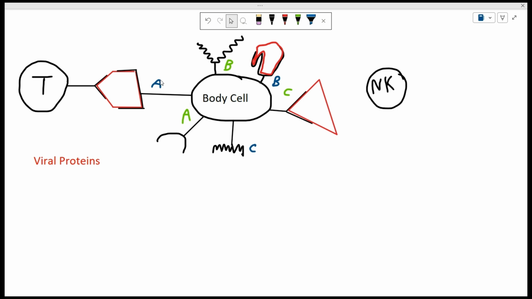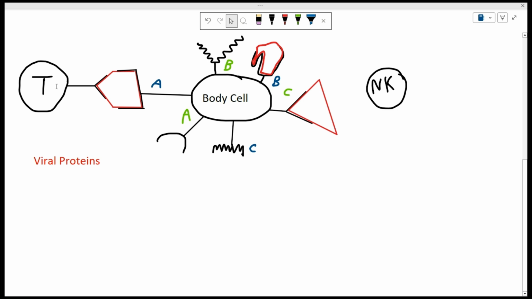What this does is allow your body to look at things differently. We've got six different points of view looking at this cell that's potentially infected with a virus or cancer. Sometimes there are bacteria that hide out in cells, and this would also be picked up and shown to this receptor. So any viral protein, bacterial protein, or cancer protein, anything the cell is doing, gets displayed by these receptors.